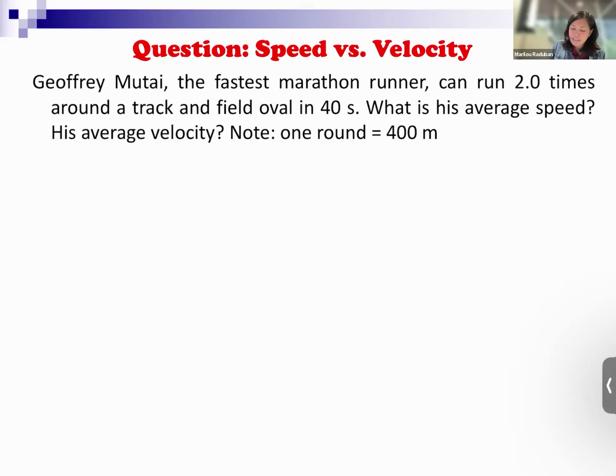We want to find his average speed and his average velocity. And we assume that when he runs around the track and field oval, he ends at his starting point. Say this is the starting point. He runs around 2 times and ends up at his original starting point. And note that one round is 400 meters around a standard track and field oval.